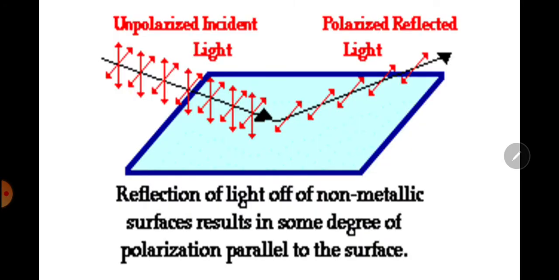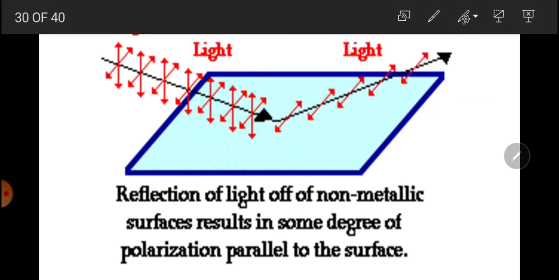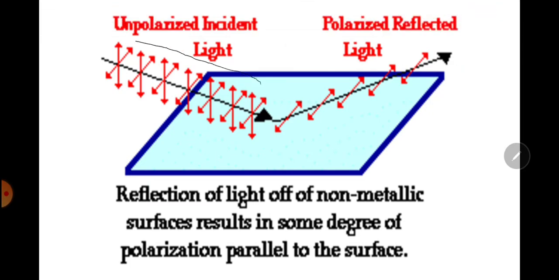Now here you will study polarization by reflection. If you look, this light ray has different planes of vibration: vertical, horizontal, at certain angles. Only two are shown. Otherwise it will have all planes of vibration. It is ordinary light.